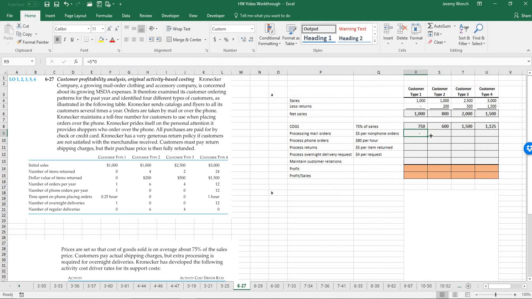Let's drag that formula across. Customer 2 has 6 non-phone orders. Customer 3 has 4. And customer 4 has 0.